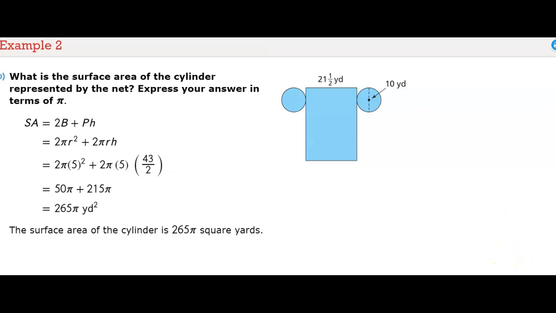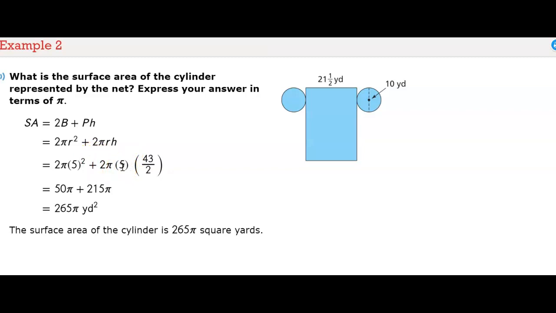The formula is surface area equals 2 times B plus P times H. B is going to be pi r squared, so that all represents B. And then P is 2 pi r, and H is H. So the radius here would be 5, because the whole thing, which is the diameter, is 10, so half of that would be 5. So we substitute the r for 5, and the same thing in this part of the equation.